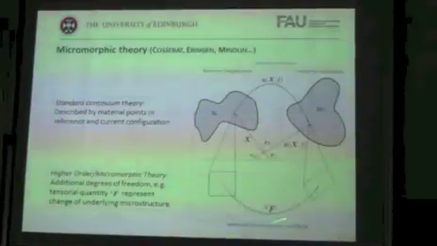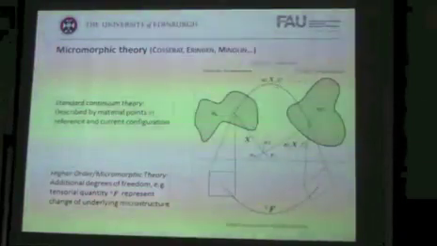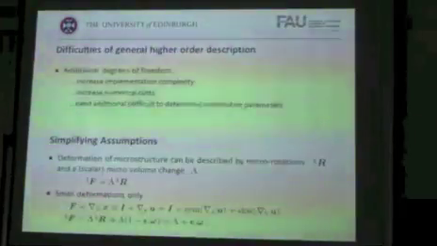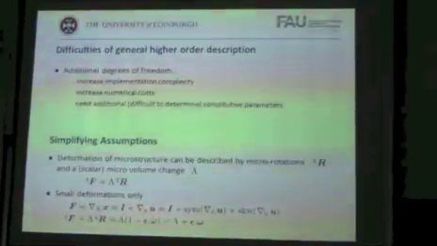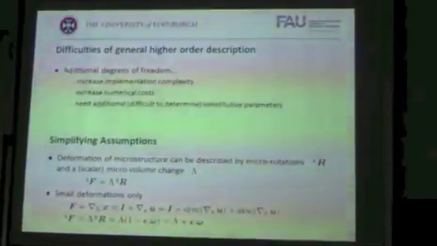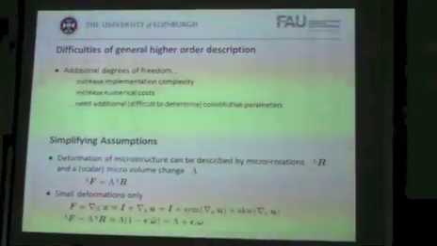This general micro deformation quantity is a second-order tensor and has 9 additional degrees of freedom, which is quite a lot. This increases not only the implementation complexity and the numerical costs for solving, but also, of course, the number of additional constitutive parameters that we have to determine.